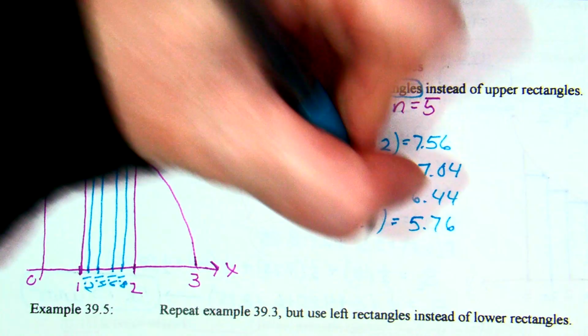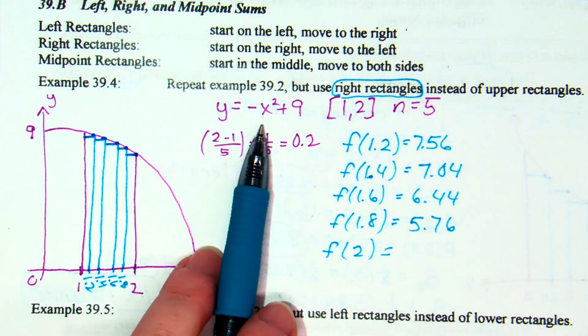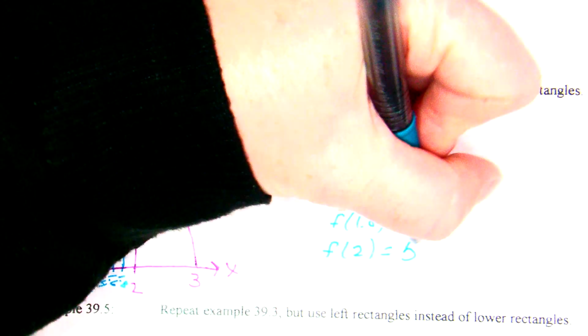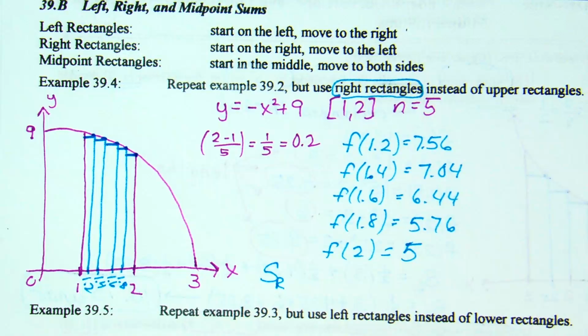We need to know f of 2, which we didn't have to use before. So it'd be negative 2 squared plus 9. Negative 4 plus 9 is 5. So when I designate this one, this is the sum using right. So you'll usually see it denoted S of R.